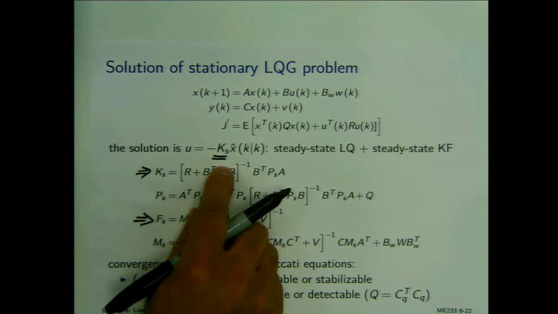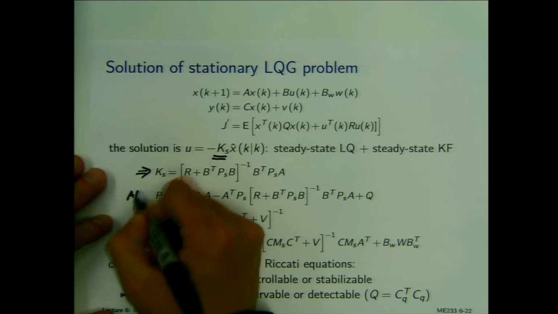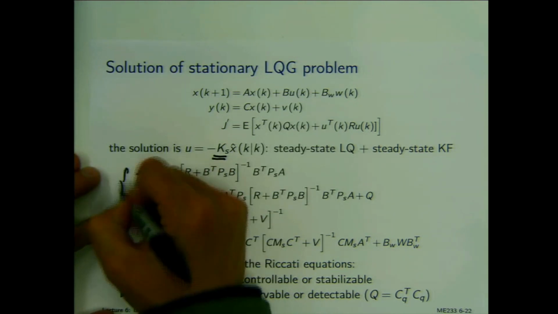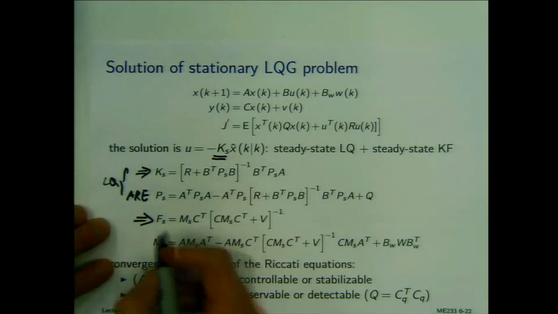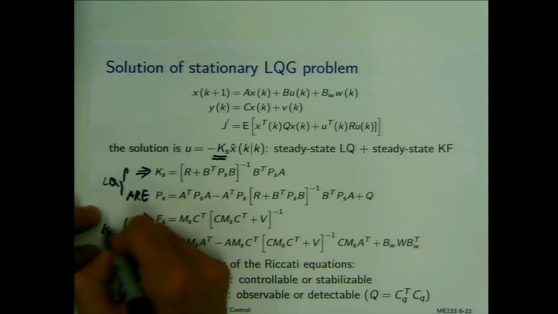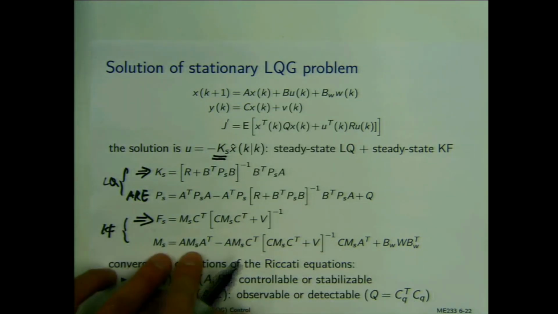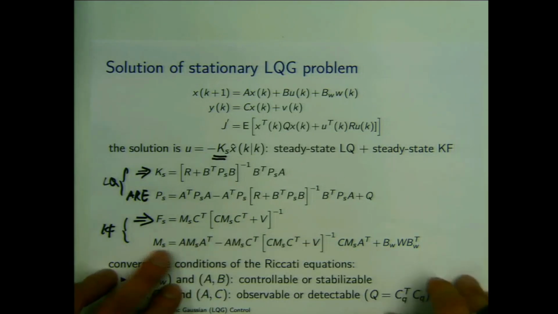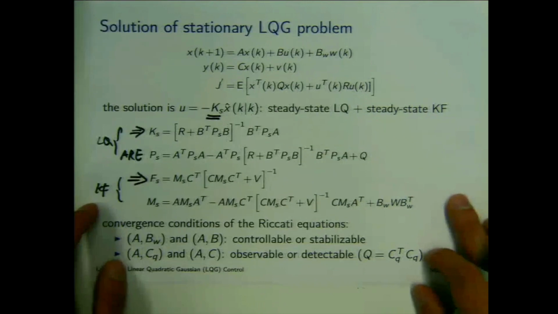Because it's a stationary LQ problem, the Riccati equation converges to the algebraic Riccati equation. So the first part is for the LQ problem. And the second part is this steady state Kalman filter problem, where we also have the algebraic Riccati equation and the constant Kalman filter gain. These are convenient in the sense of implementation in practice.